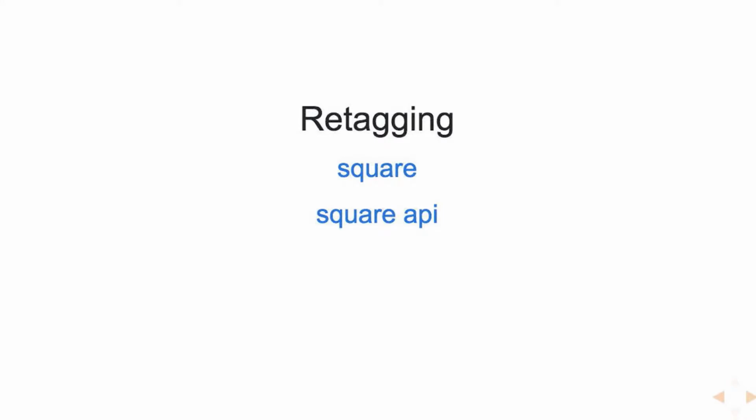Retagging is another question maintenance concept that I think can be really useful. So if you search for square on Stack Overflow, you'll find square root, you'll find square brackets, you'll find Square, maybe the API. If you search for Square API even, you'll find Foursquare API. You'll find our API a little bit. But if you search directly for our tag, then you can find all the questions that relate directly to our product.